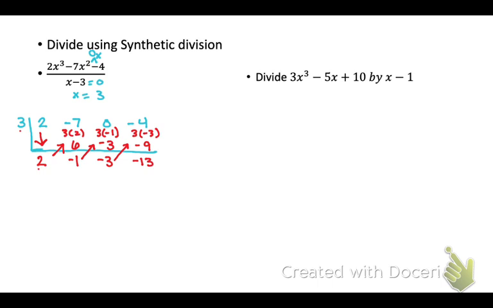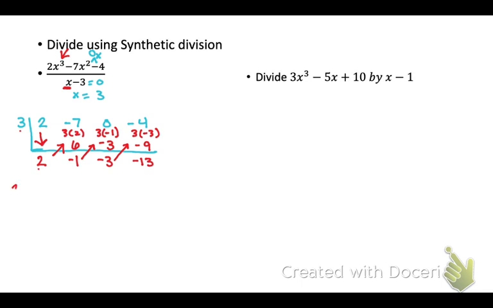Okay, so now I need to explain what this all means. We did the synthetic division, it's over. We basically have an answer in front of us, we just have to rewrite it. Since I'm dividing by 1 power of x, linear, every single time this power goes down by 1.